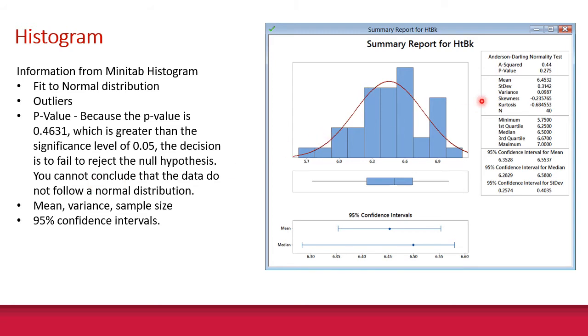In layman's terms, if this is greater than 0.05, you can conclude that your data is fairly normal. For the box chart, it also plots the minimum, the maximum, the median, the first quartile, the third quartile, and 95% confidence intervals. So a lot of stuff you can tell from a standard histogram.